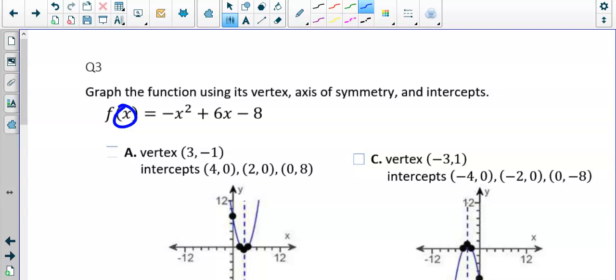If you wanted to find the y-intercept, plug 0 in for x and solve for the y value. Of course, these would be in parentheses. And there you could do it by hand if you wanted to. Any question about question number 3? You can do it algebraically or you can use your calculator.